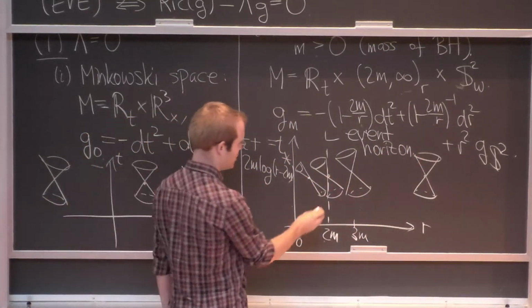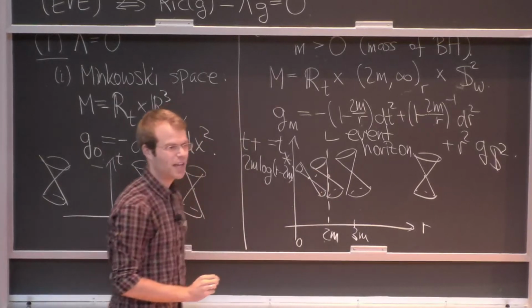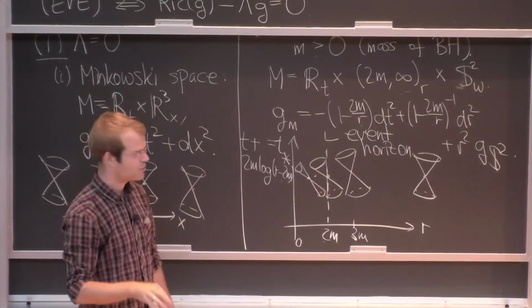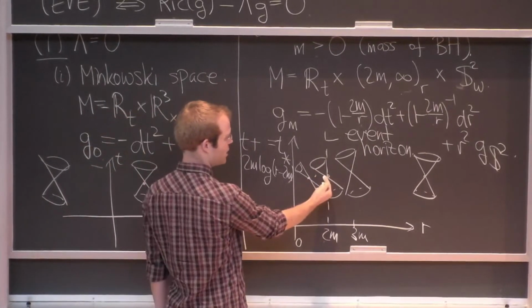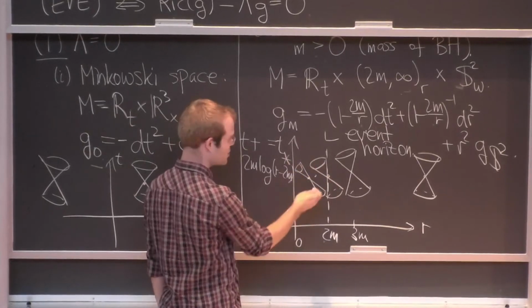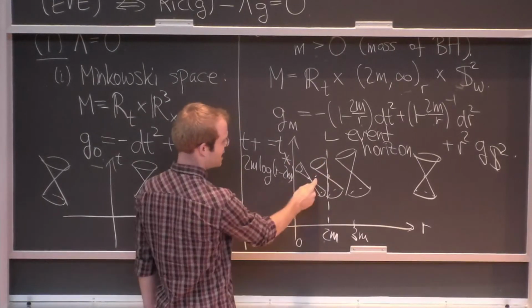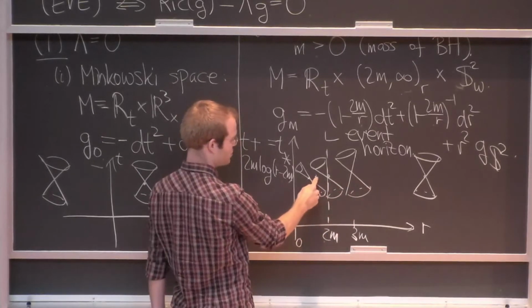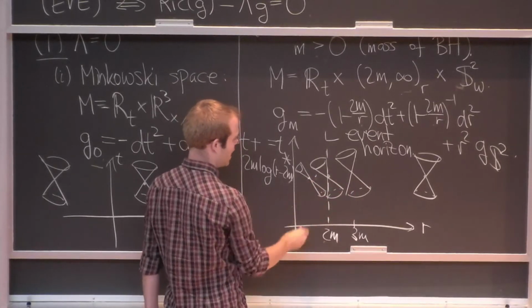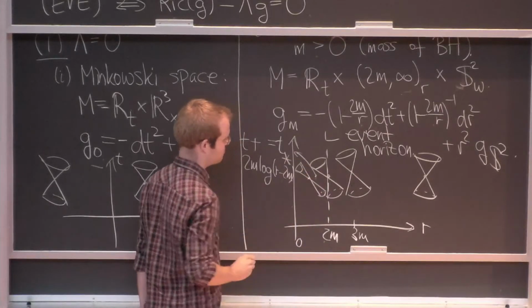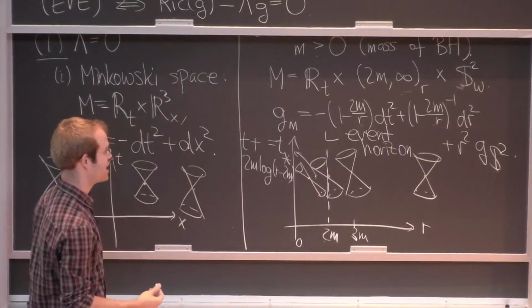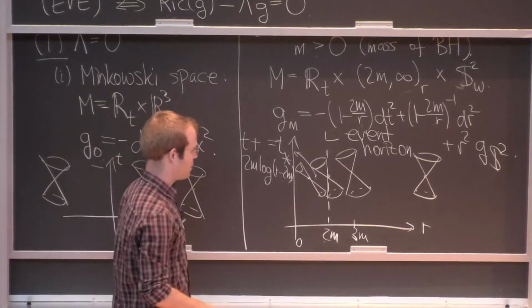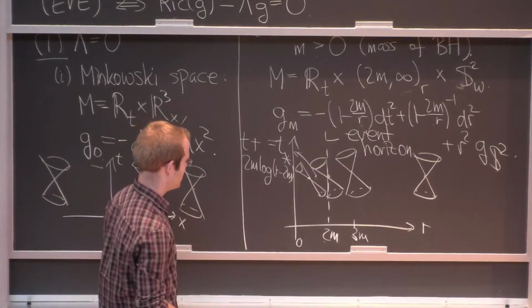If you start out somewhere in here, and you're either a light particle or a massive observer that can only move along null or time-like directions, so in the interior of these cones, then you can never actually escape outward towards r bigger than 2m. You're bound to stay in this region r less than 2m, and in fact, you're bound to go down to r equals 0 in finite time, where unpleasant things happen to you.